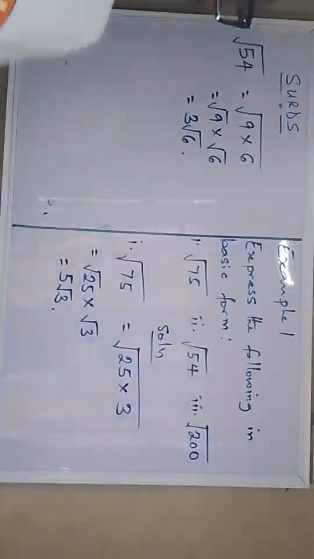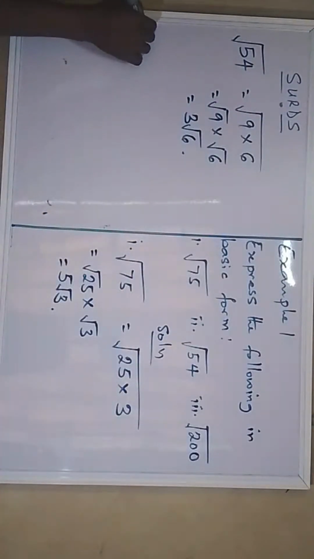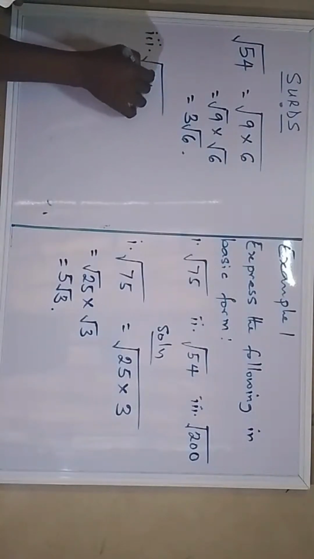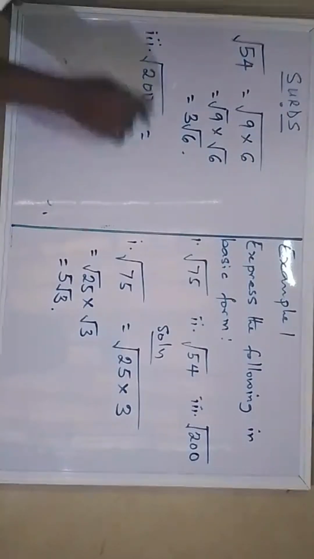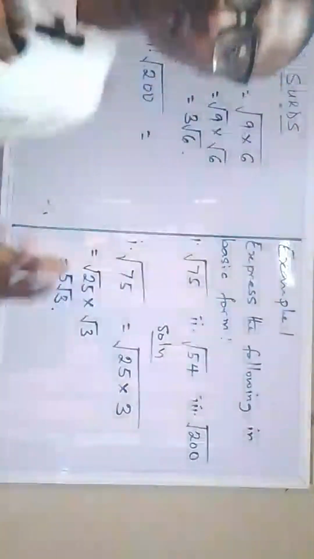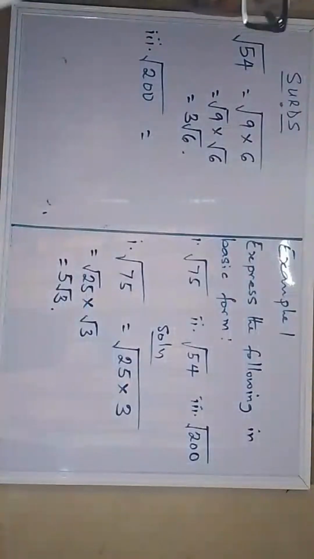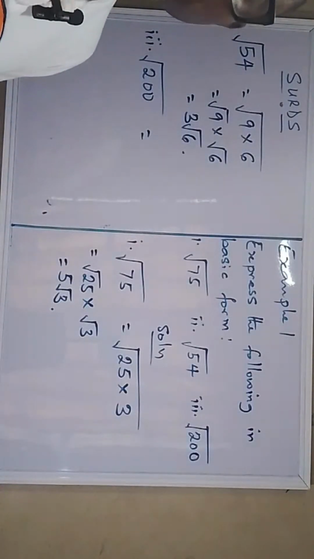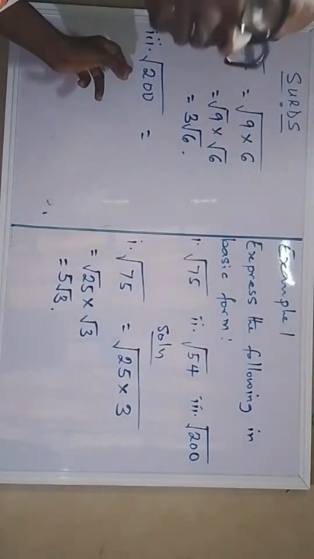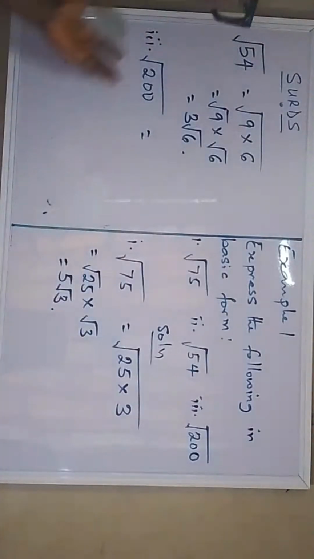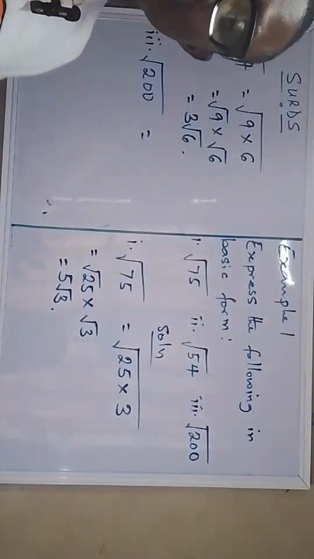Now let's look at the third one. That one is a very simple one. How do you express this? I begin to think of a perfect square that will go in this. I'll begin to think of 4. 4 will go in this one, but I will not pick 4. I will look for the biggest perfect square that will go in it, and I think that's going to be 100.